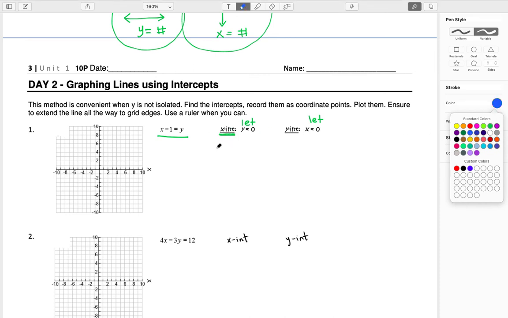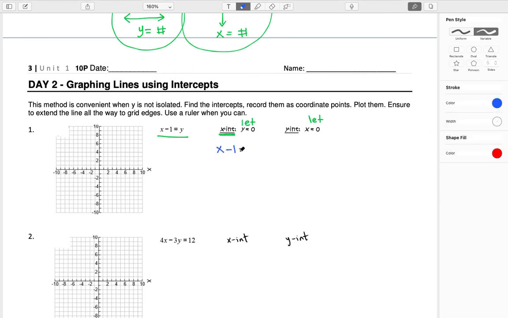To find the x-intercept, I'm going to let y equal 0 and solve for x. It looks like x is equal to 1. Now to find the y-intercept, I'm going to let x equal 0. 0 minus 1 equals y, and 0 minus 1 is -1, so y equals -1.